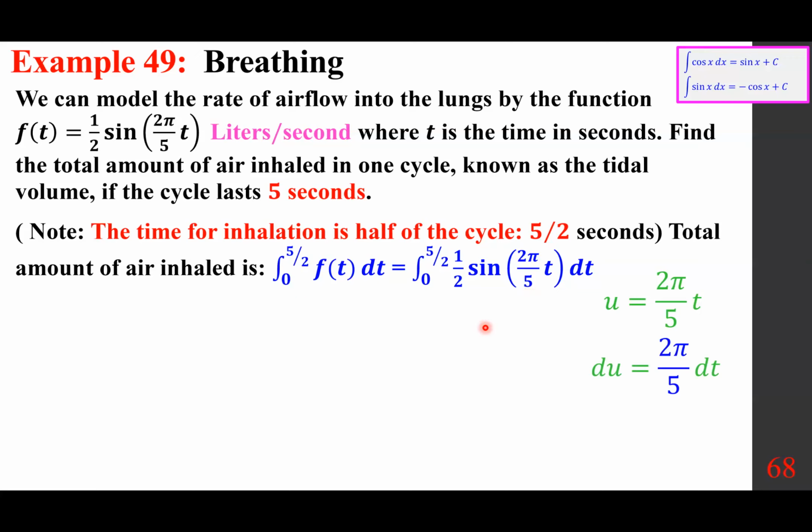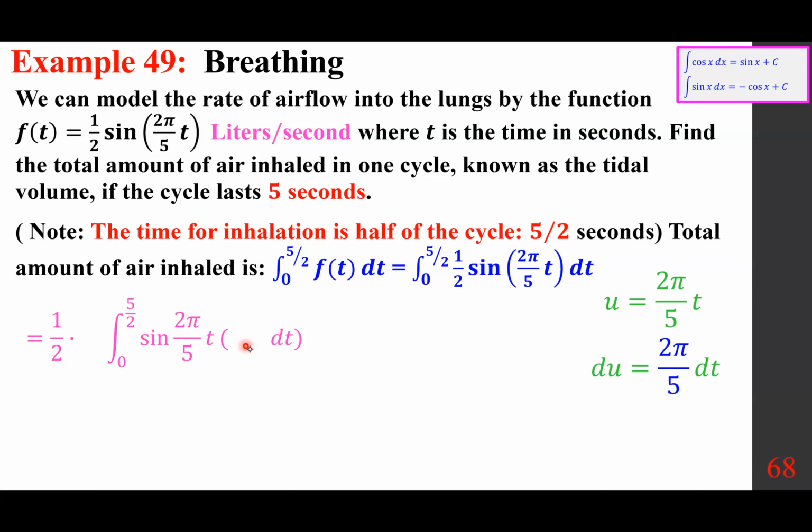So let's rewrite this integral by putting the 1/2 out and writing the rest of it. Now, this is sine of u, and I don't see the du here. I notice that if I had 2 pi over 5, then it would be the du I'm looking for.